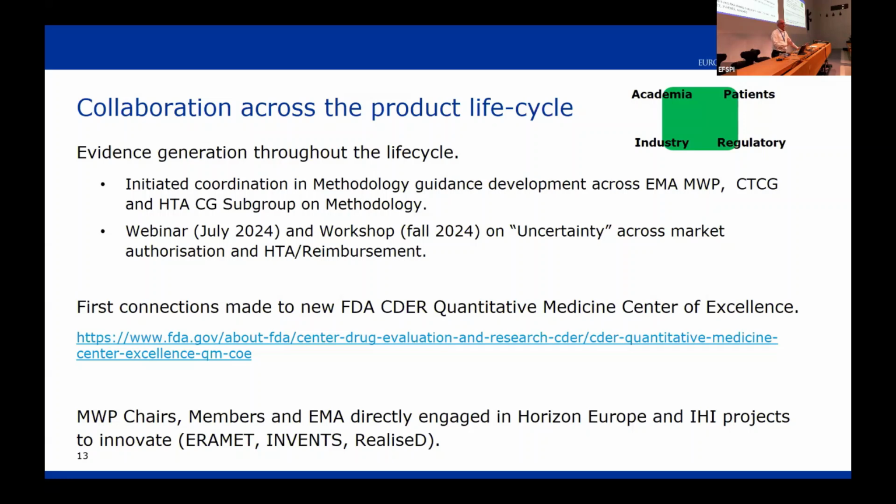What we've done for methodology is install a coordination mechanism across the methodology working party, CTCG, the Clinical Trial Coordination Group, and the HTA coordination subgroup on methodology to get aligned around guideline development, being kind of a small experience with the single-arm trial, because the same trials will actually face guidelines from both the market authorization perspective and the HTA perspective.